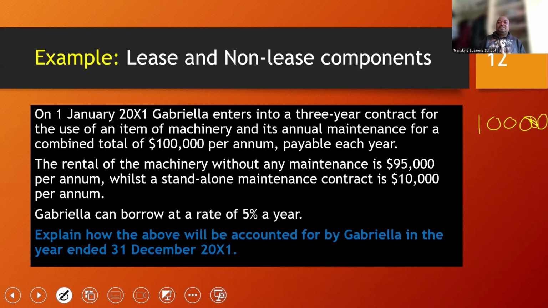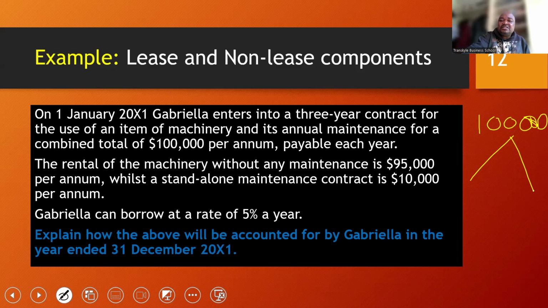The total is 100,000, and this can be allocated as follows. We first of all need to know the prices for standalone goods or services.